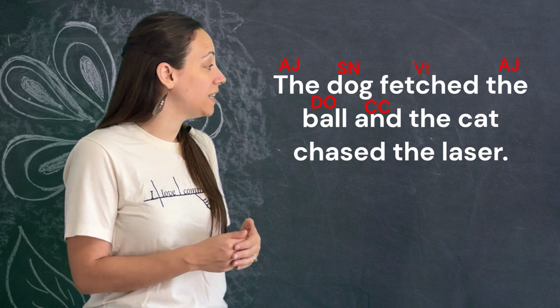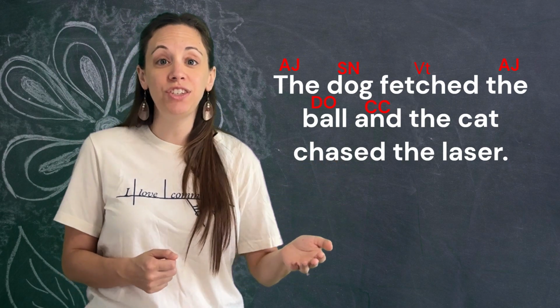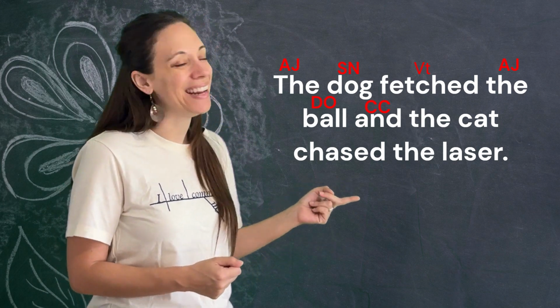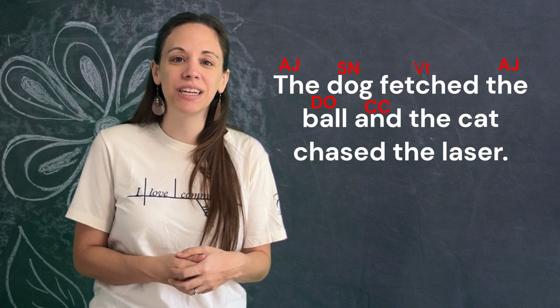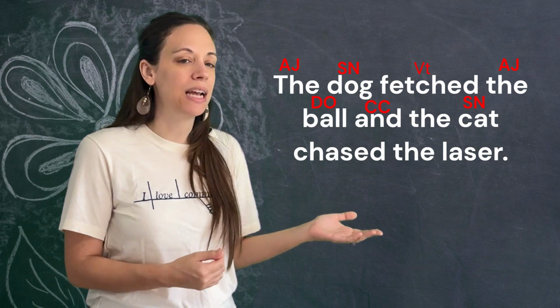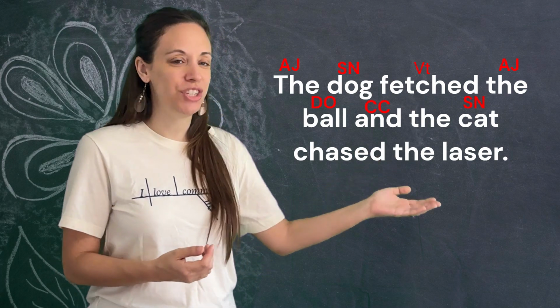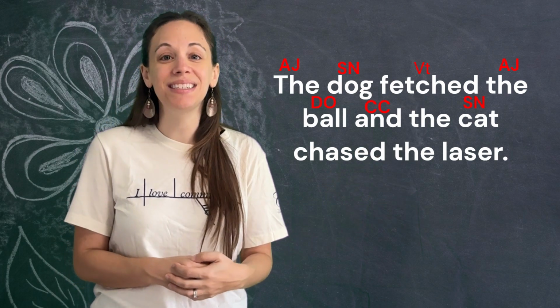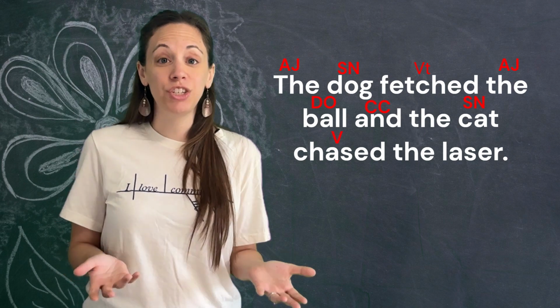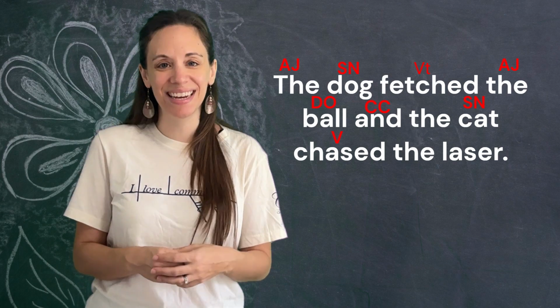Now we can move on to our second independent clause in this sentence. The second clause says, the cat chased the laser. So who or what chased the laser? Cat. Cat is going to be the subject noun of our second independent clause. And what is being said about cat? Cat what? Cat chased. We're going to label chased as our verb. Cat chased whom or what? Cat chased laser.